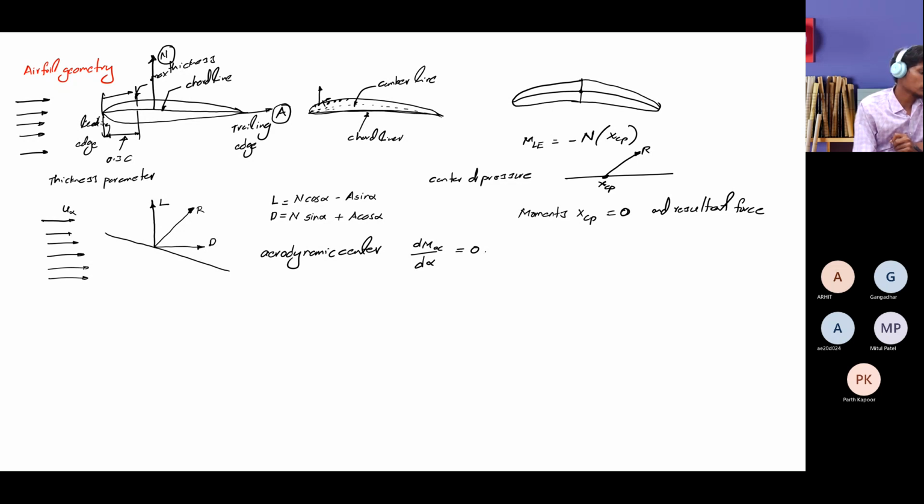And if you want to calculate the moment about the leading edge, we use a formulation like this: moment about the leading edge equals the moment about the quarter chord point. It is a common idea to take the resultant forces at the quarter chord point; experimentalists used to take the data at the quarter chord point.